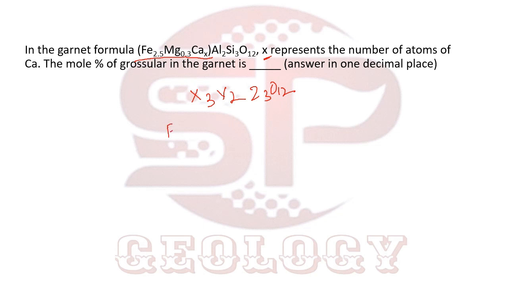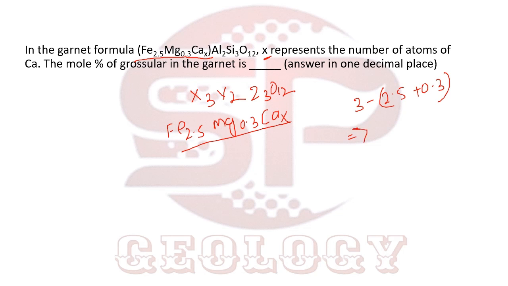Here Fe is 2.5, and in the X place I am writing Mg 0.3 and CaX. So Ca will be 3 minus 2.5 plus 0.3, so it will be 0.2. It will be Fe 2.5 Mg 0.3 Ca 0.2.